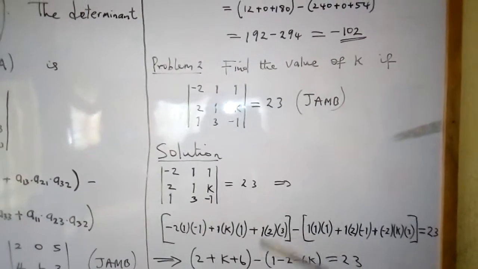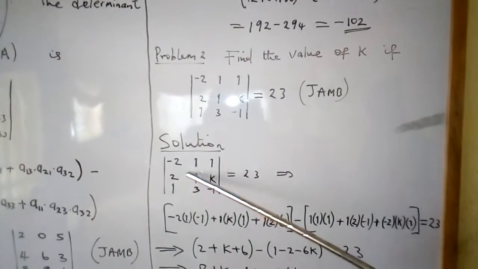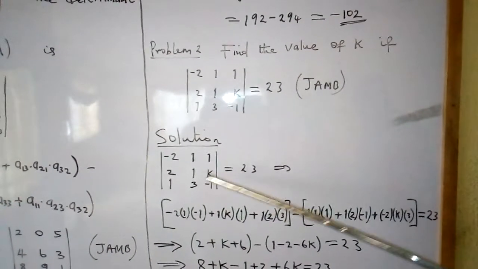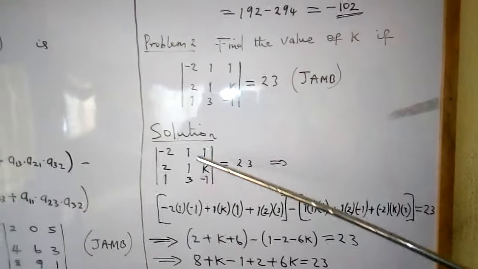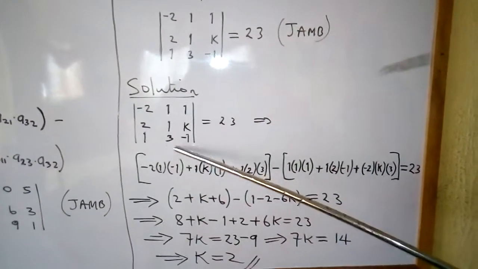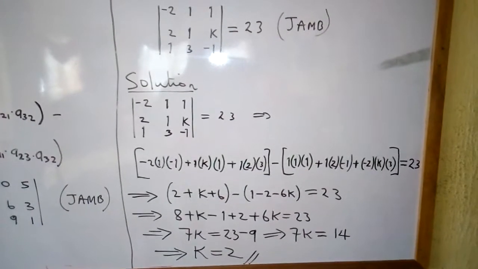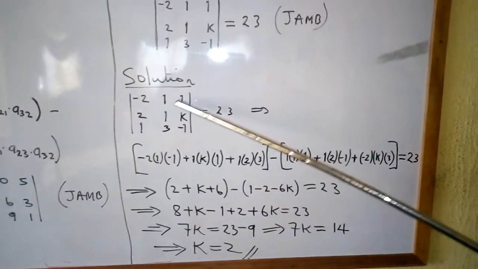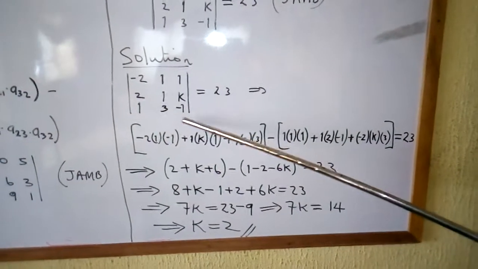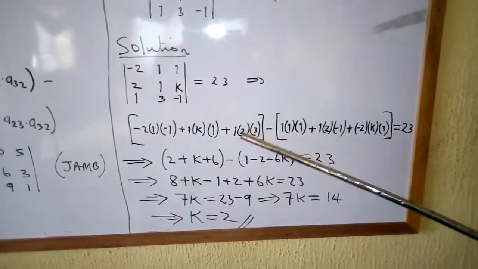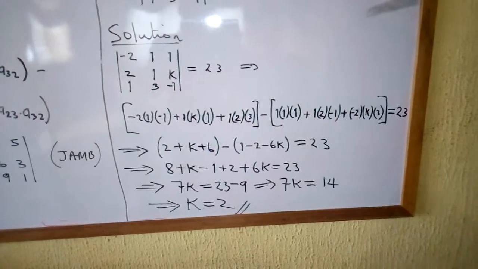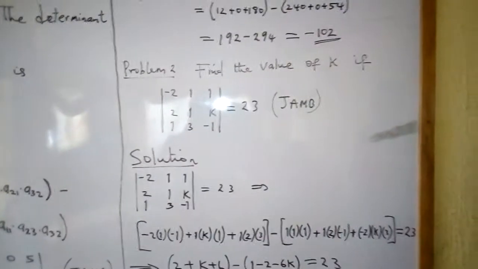I was saying that the principal diagonal is minus 2 times 1 times minus 1, the up diagonal element facing that principal diagonal is 1 times k times 1, plus 1 times 2 times 3, which is this, minus the product of the secondary diagonal, which is 1 times 1 times 1, plus 1 times 2 times minus 1, which is this one, plus minus 2 times k times 3, which is this, equals 23.